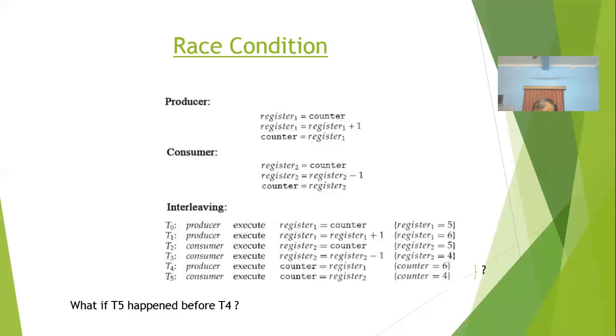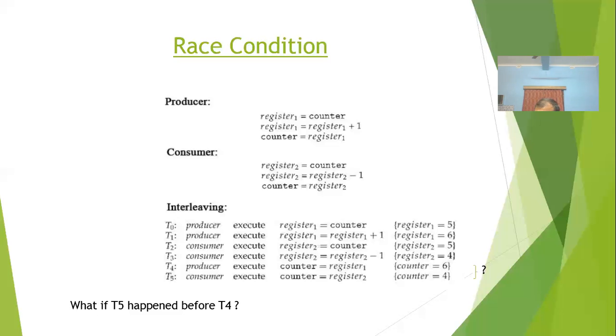Now the earlier value of register 2 was 5, and it was decremented. So now the counter will contain the value 4. That means from the last two instructions, you are getting the value of counter as 6 or 4.